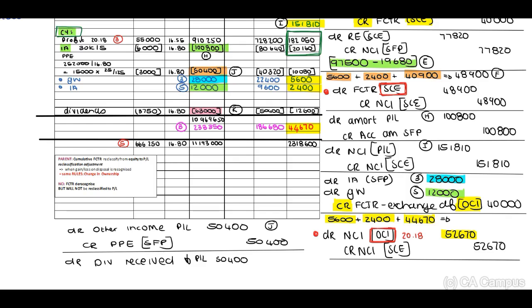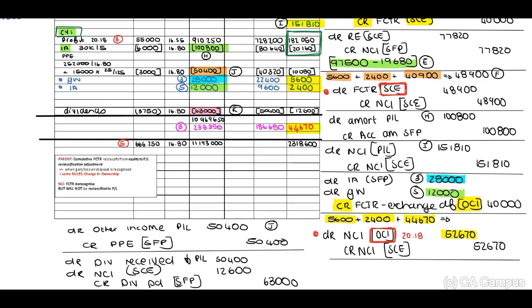Right, exactly the same as the previous one. Okay, so we need to debit our NCI in our statement of changes in equity, and we need to credit the dividends paid in our statement of financial position. Dividends paid to the value of 63,000 and our NCI 12,600.